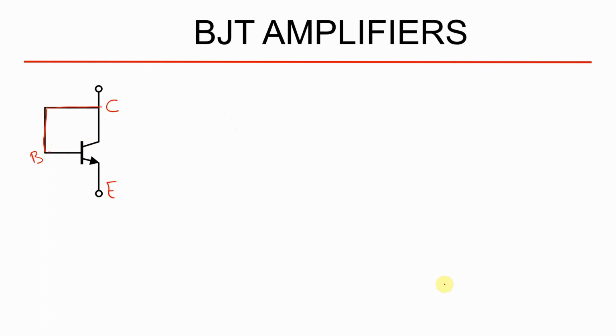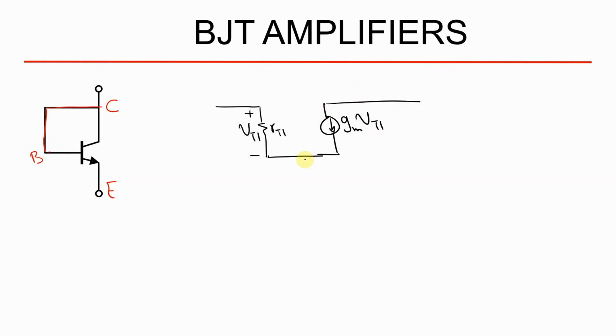So if you remember from the small signal model video, we have this r pi, and this is V pi. This is emitter, which is connected to the collector by this gm V pi dependent current source.